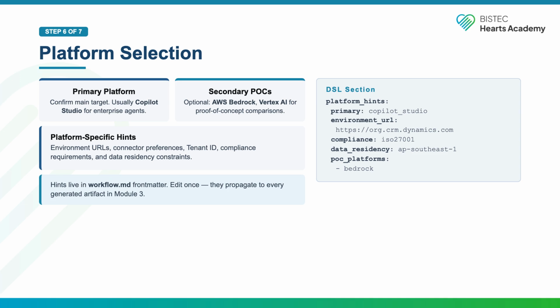These hints live in workflow MD front matter. You edit them once in Step 6. In the generation phase, they propagate automatically to every generated artifact: the solution's IP, the PRDs, the governance documentation. You do not have to manually configure each artifact separately.